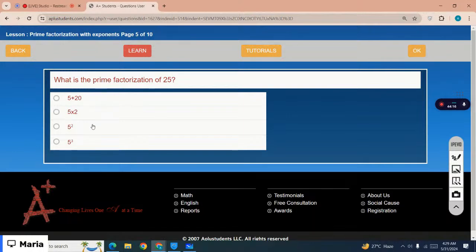That is 5 times 5 or 5 square. Option number 3 is the correct option.